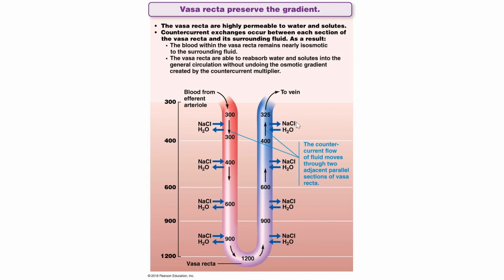This is the part that's releasing the salt and taking in the water. I'm going to read this: the countercurrent flow of fluid moves through two adjacent parallel sections of the vasa recta. So there we have the down and the up. And this exchange of sodium and water is what allows us to maintain the gradient.